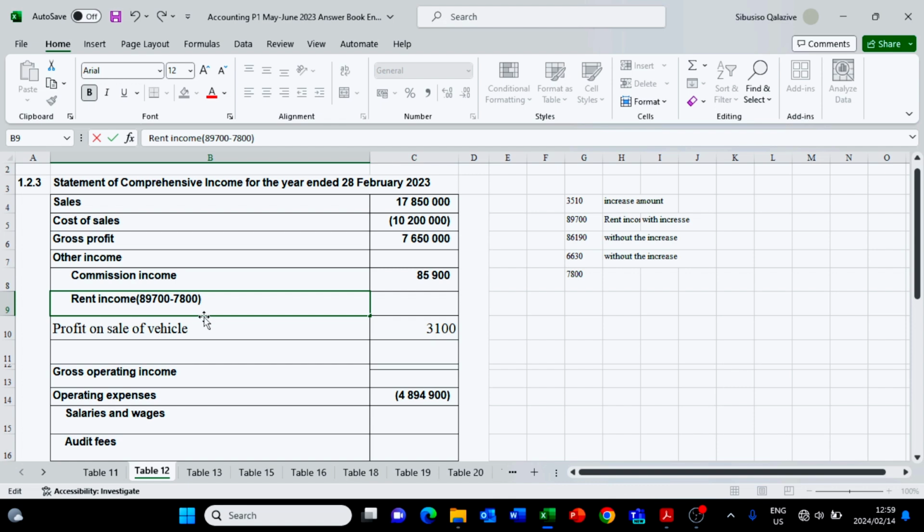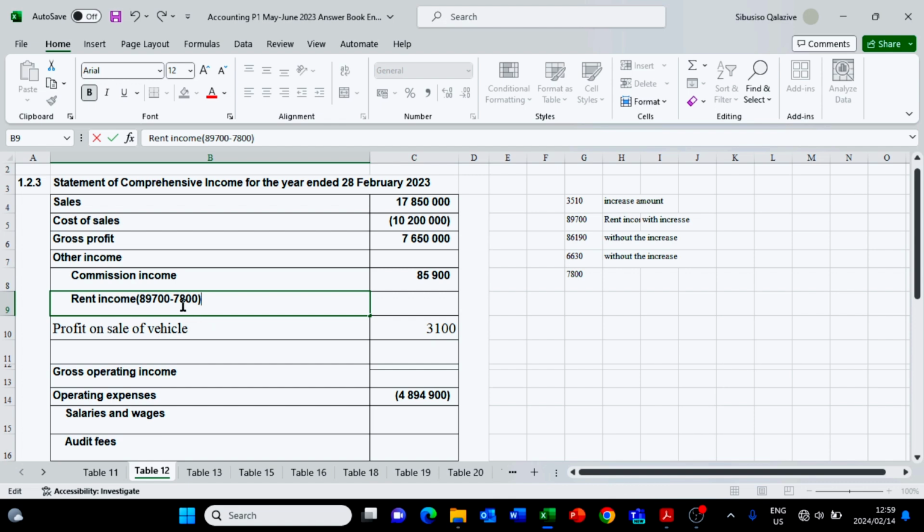So this is prepaid income. In other words, it's income received in advance. We are supposed to record it on our balance sheet section, under current liabilities, as income received in advance on our trade and other payables.